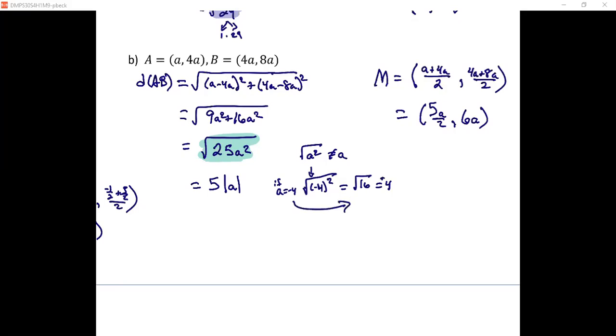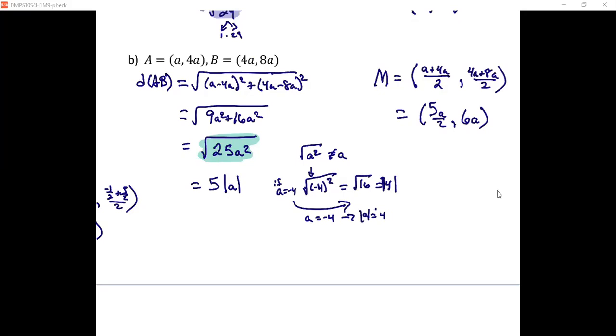So a, which is negative 4, is not the answer we got. A is positive 4. So that whole statement doesn't make sense, which is why we have to say, oh, it's not just a, it's the absolute value of a. What's the absolute value of a? It is 4, which is why that works.